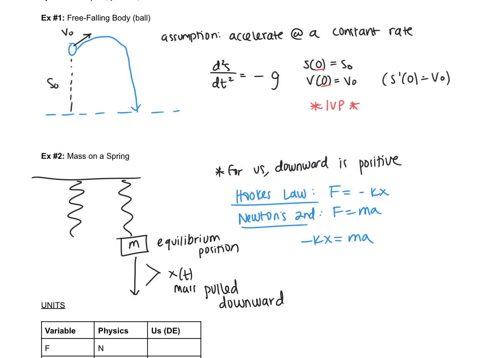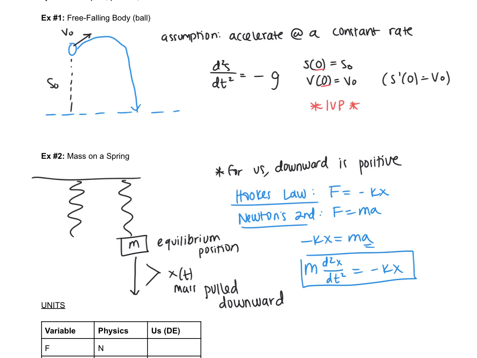So looking at what we have so far, we have to figure out which of these is a derivative. Well, a, of course, is a derivative. So this becomes m times the second derivative of position, in our case x with respect to t, is equal to negative kx. So there we go. This is our differential equation.